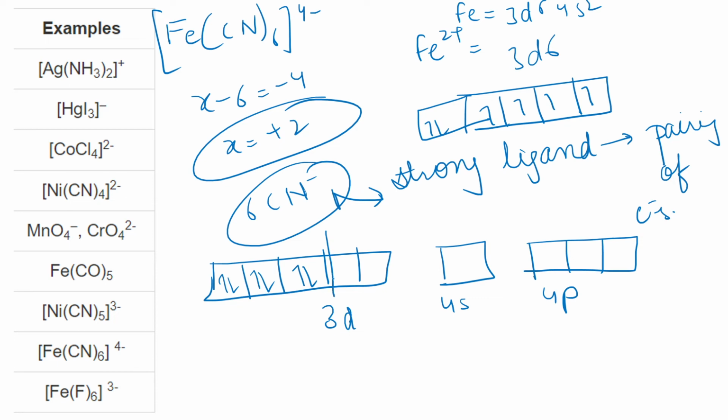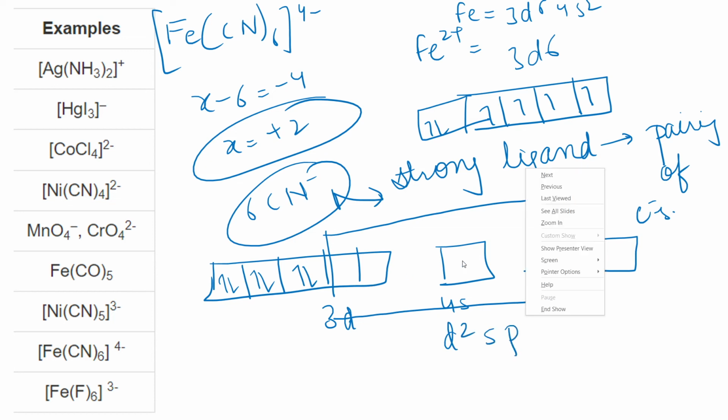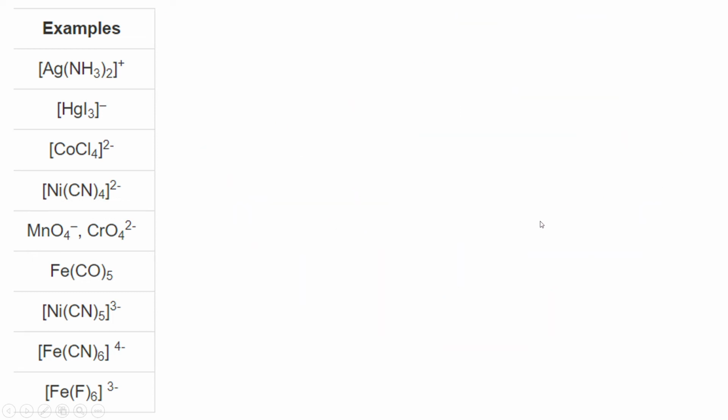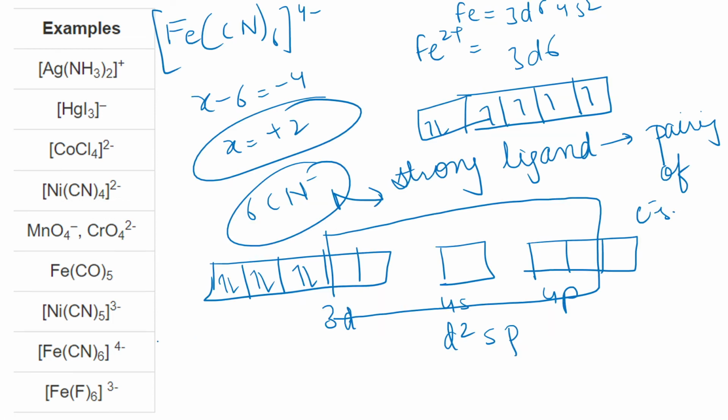Since we have 6 cyanide molecules, we need 6 hybrid orbitals. The 6 hybrid orbitals will include 2d, 1s and 3p: 1, 2, 3, 4, 5, 6. Sorry, it will be involving this one as well. So we'll be having this as well. We need 6 hybrid orbitals.